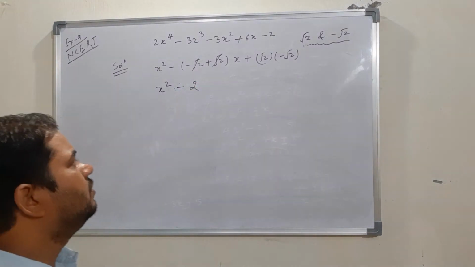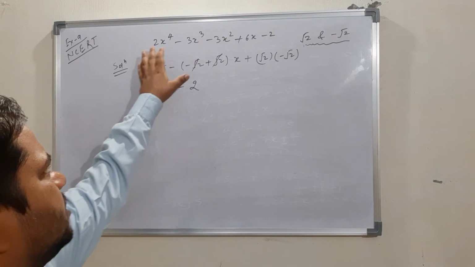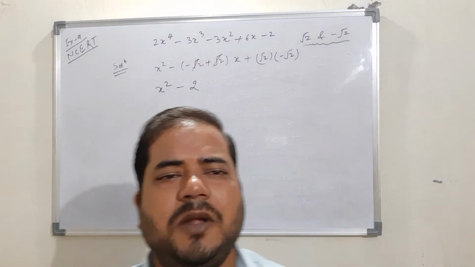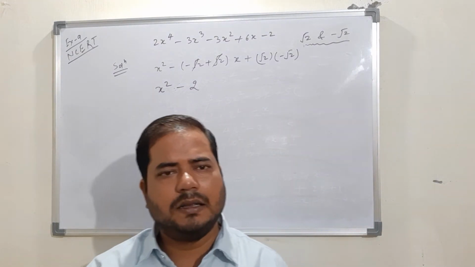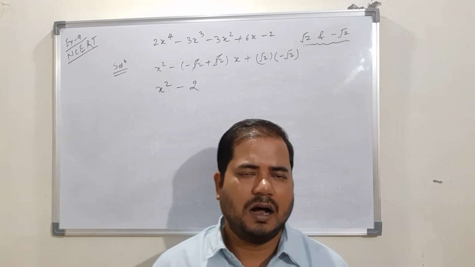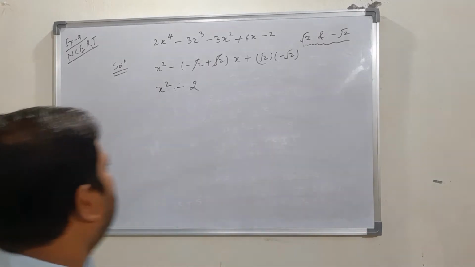Now we divide the given polynomial by x square minus 2, we get a quadratic polynomial, and then find the zeros of that polynomial to get the other zeros. So let us start.